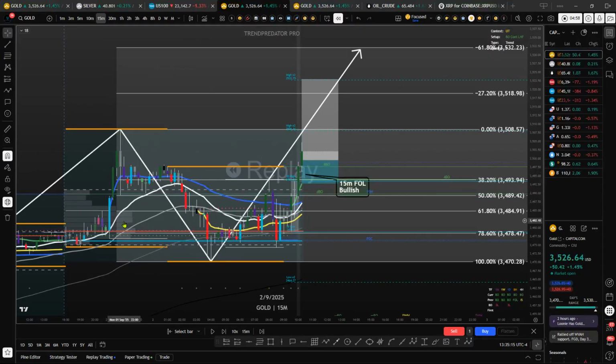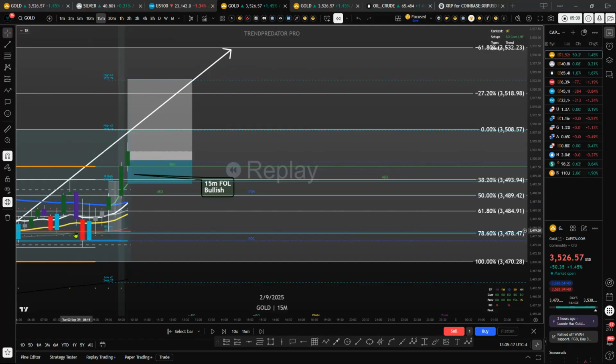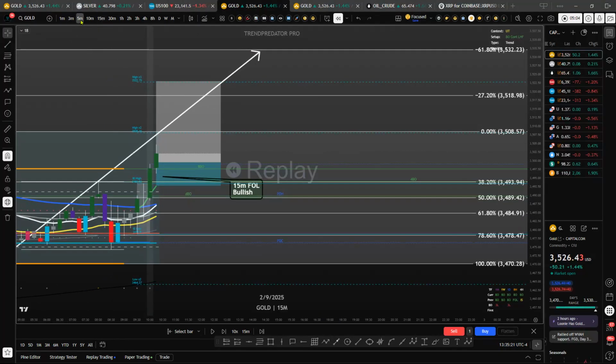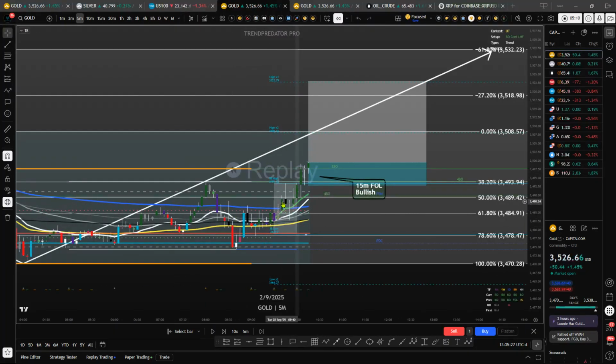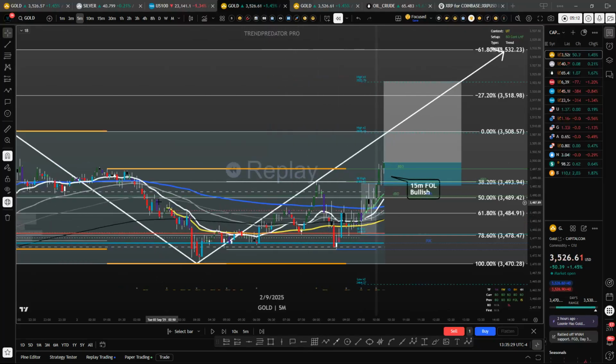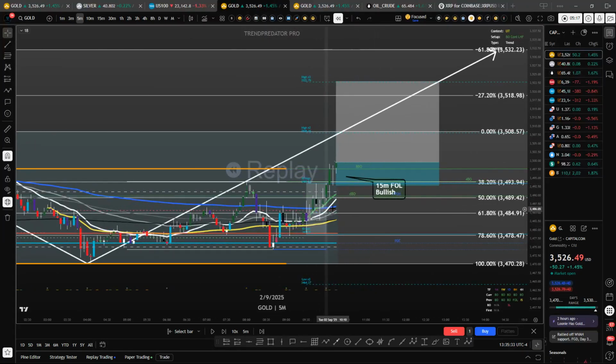I'll go to the overall picture in a second, but so there's the coil. You'll see it better on a 5-minute chart. So we've got the coil, and we're breaking out of the coil above the multi-session VWAPs, above the 20 EMA, and we're breaking out of the highs.